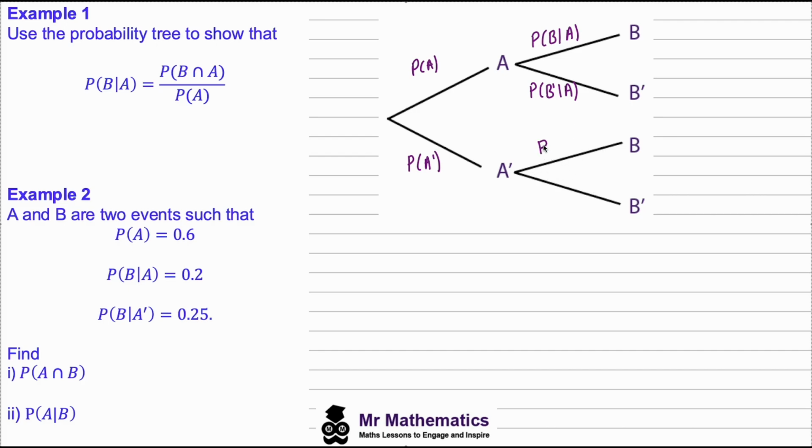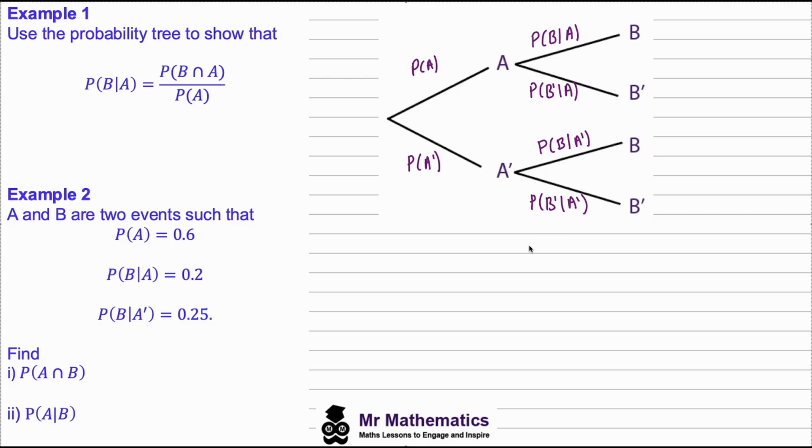So this one would be the probability of B given not A. We had to go through not A to get to this one. And the one below it would be the probability of not B given not A.